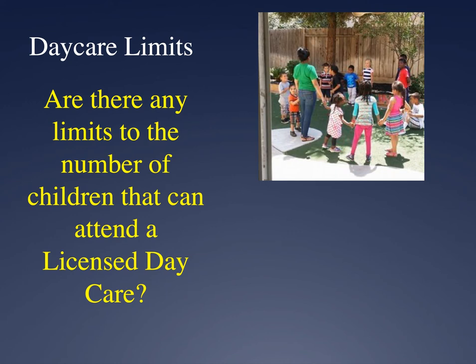If the children are infants, under the age of 1, then the number of children you can have per trained, licensed adult is quite limited. But if kids are much older, then one adult can handle more. In any case, there's a limit to the number of kids based on the supervisor.